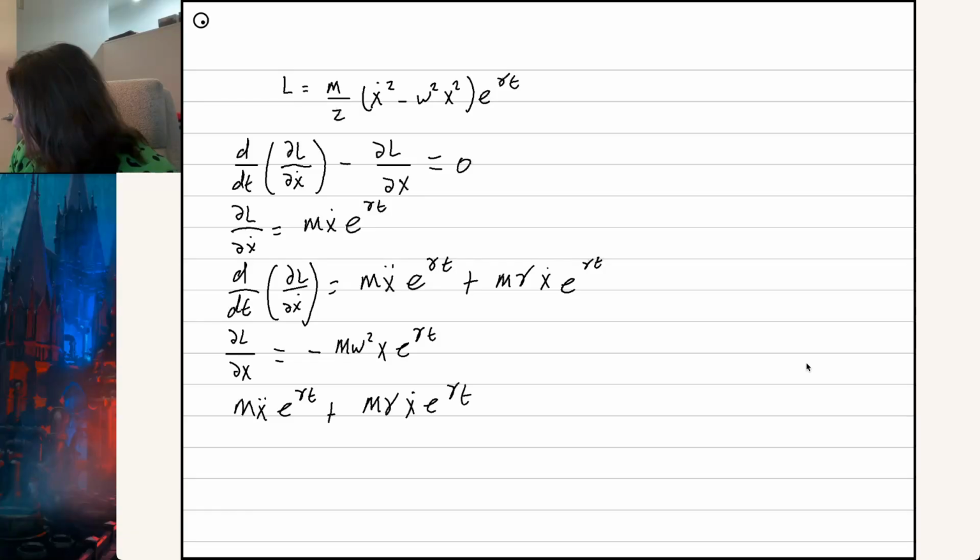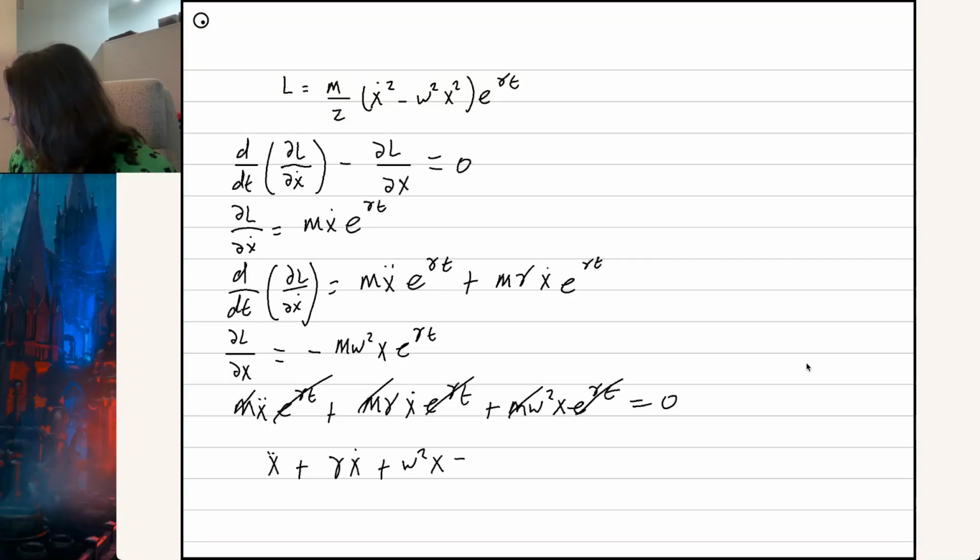I don't want to jump the gun, but all of those m's and exponential terms are going to get canceled out because it's equal to 0. You can just get rid of those guys. So we have x double dot plus gamma x dot plus omega squared x is equal to 0.